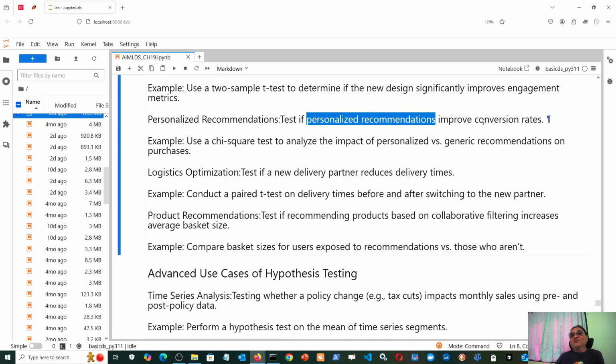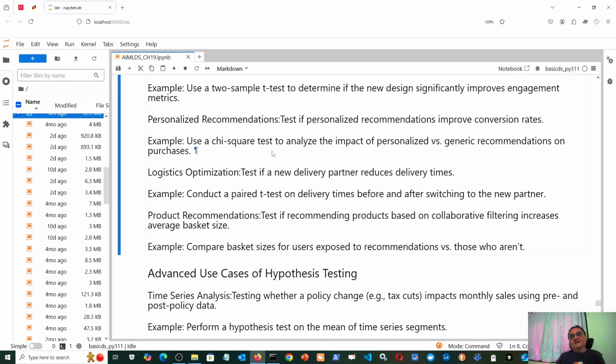Now if it is not improving the conversion rate at all, then why would you spend that money, right? So again, here the null hypothesis is that the conversion rate without the recommendation system and the conversion rate after putting in the recommendation system are the same, while the alternative hypothesis is that after giving personalized recommendations, the conversion rate improves significantly compared to the case where no personalized recommendations were given.